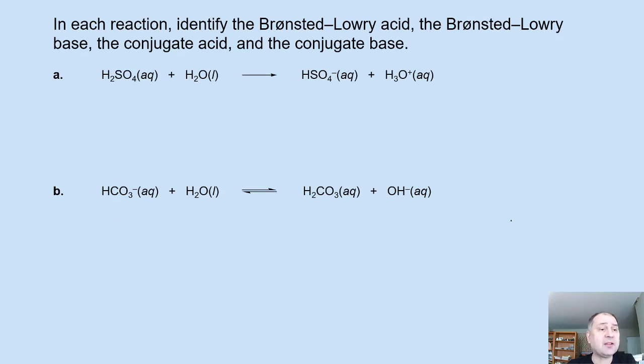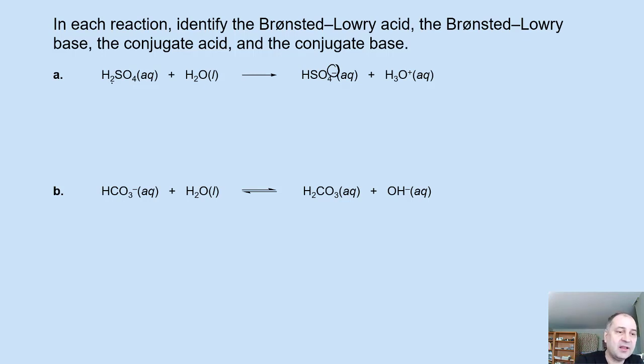Let's practice that, right? So in each of these reactions, identify the Bronsted-Lowry acid, the Bronsted-Lowry base, and the conjugate acid and the conjugate base. So this is sulfuric acid. The name itself gives it away, but we can see that just the negative charge here indicates that a proton was probably lost here, or a charge was lost.